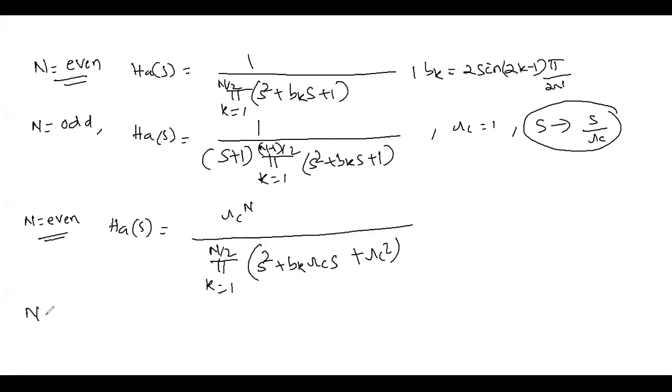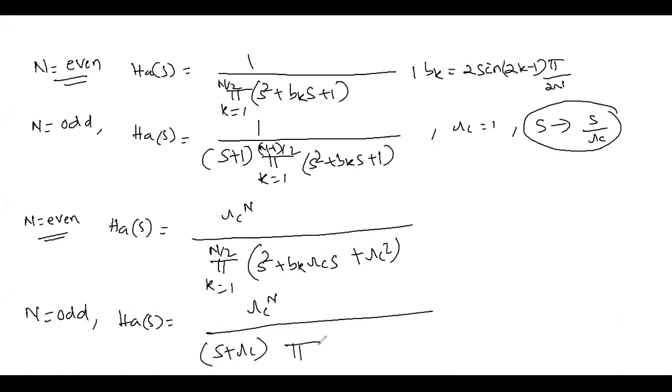Similarly, when n is odd, H of s equals omega c to the power n divided by, simply replacing s by s divided by omega c, (s plus omega c) multiplied by the product for k equals 1 to (n minus 1) by 2 of s square plus bk omega c s plus omega c square.